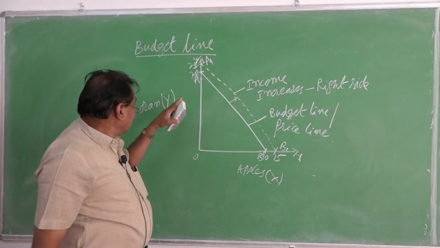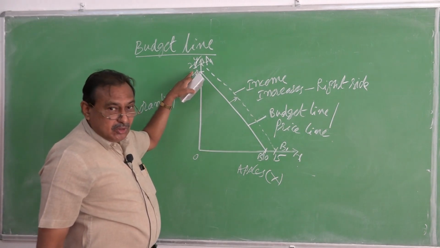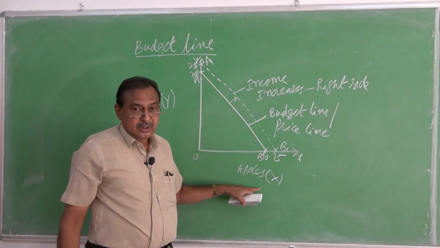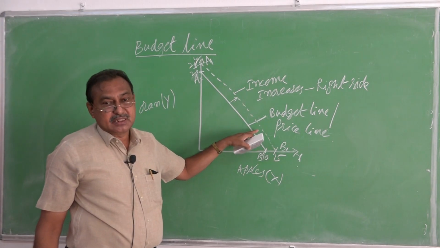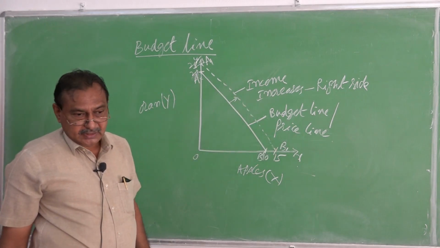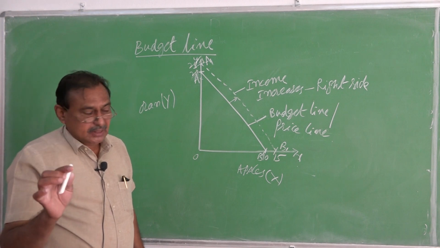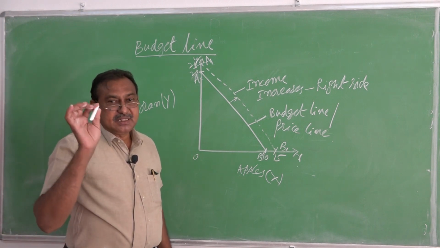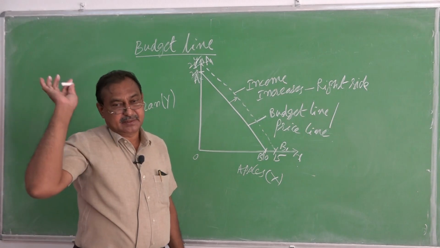It means 5 more oranges and 5 more apples. This is possible if your income increases from 100 to 200 or 150. Very simply, if income increases, the budget line shifts towards the right.